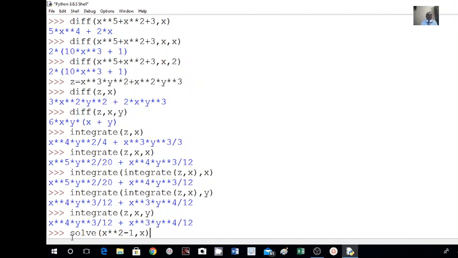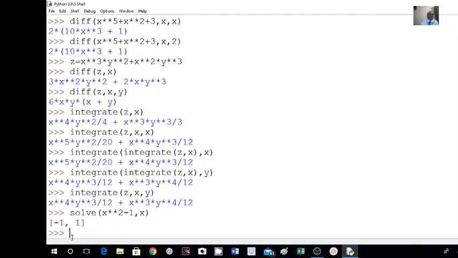Here we solve x square minus 1 equal to 0, which means x square equal to 1, x equal to plus or minus 1. If I enter, I get the solution as minus 1 and plus 1. This is the command to solve.